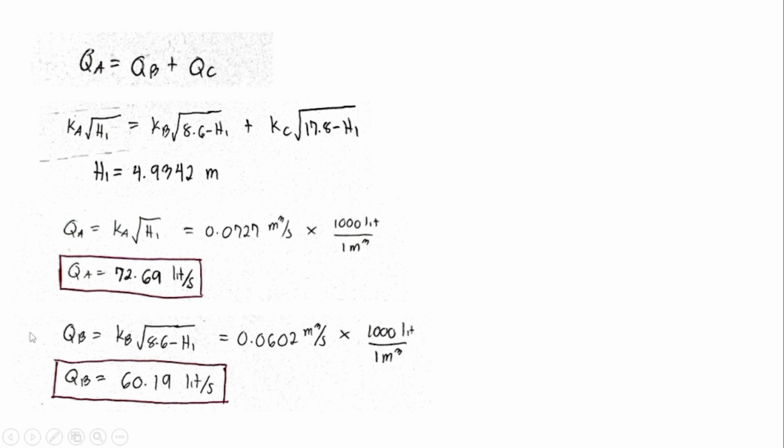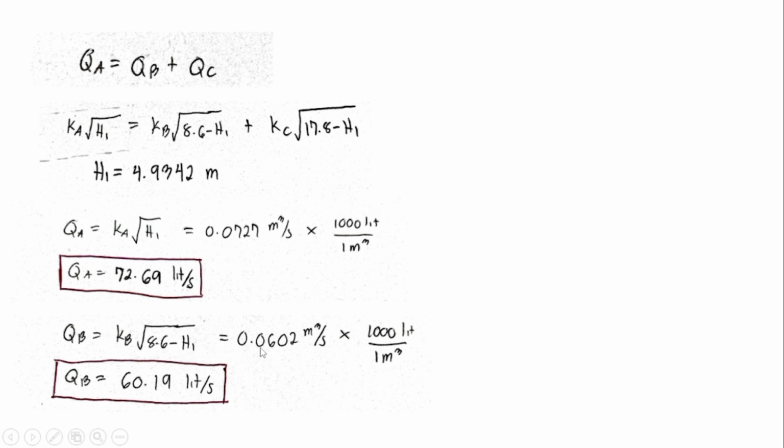Same here for the discharge in reservoir B. Since we now have the equation to solve for the discharge in reservoir B, we just need to substitute the value of H1 in this equation. So QB is also Kb times the square root of 8.6 minus H1.